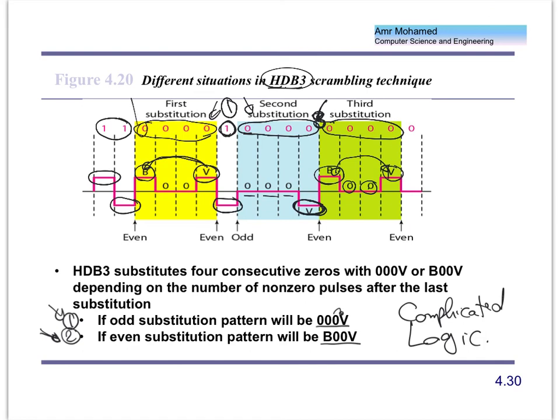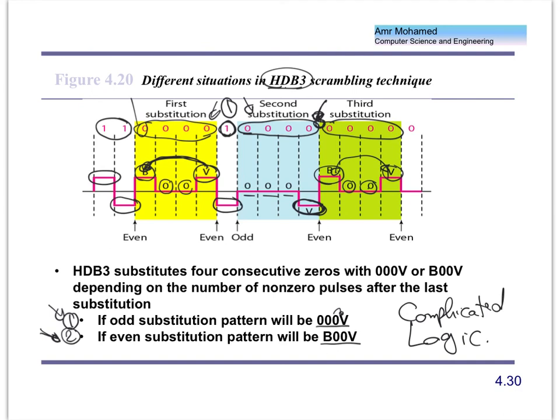Right? This is a very nice observation. But then it finds 0, 0, and then V. Once it finds the V, then it has to go back 4 bits and say, no, this was not 1, because I have V here. So this was actually, in fact, also 0, because V means that I need to replace 4 consecutive 0 bits.